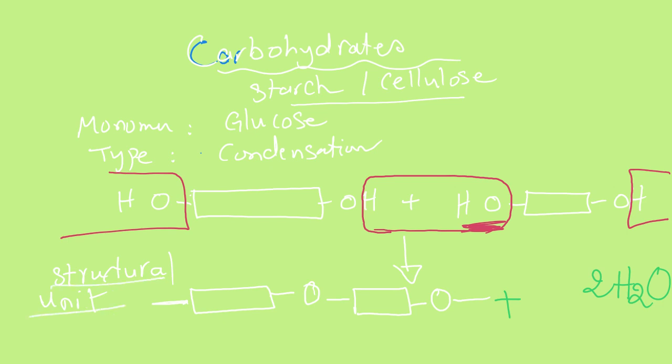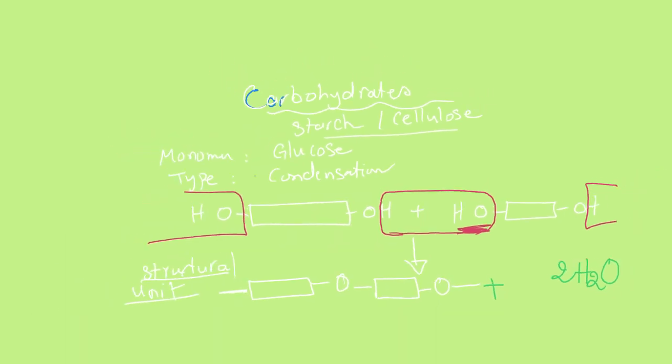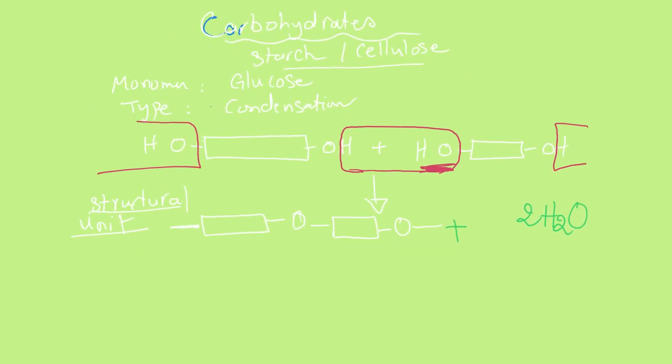If you need to draw the whole carbohydrate, you should draw n. It's just the unit. If you want to draw the carbohydrate itself, it's enough to put the unit in brackets and put n.